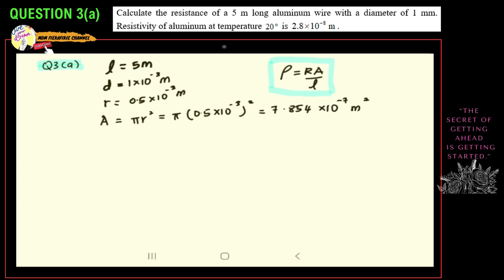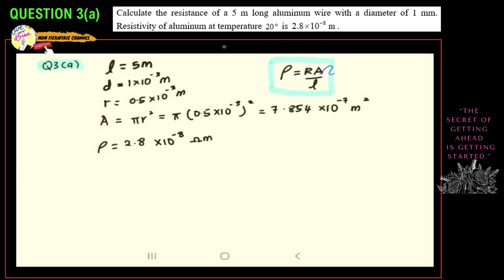Given that the resistivity is equal to 2.8 exponent negative 8 ohm meter. So what's the question? Calculate the resistance. This is very simple.